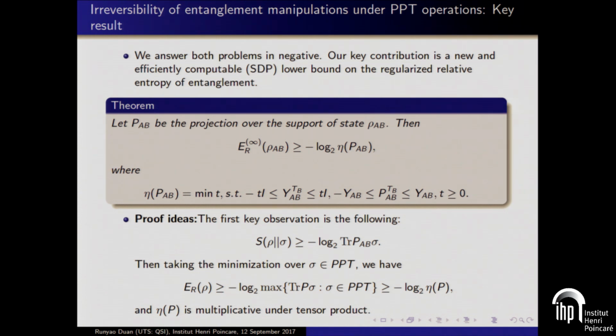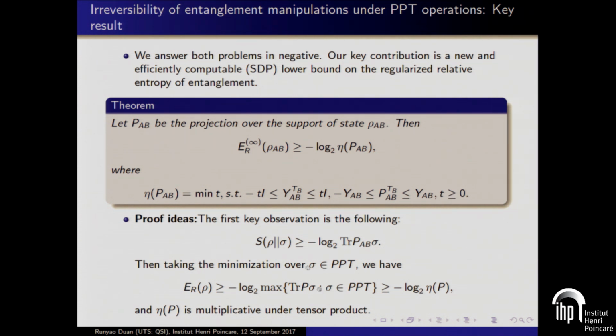Here we also use the duality of the SDP, but anyway, this is all very routine. We can relax this into this number. This number has many interesting properties which I cannot detail here. But one important property is that it's multiplicative. So people will ask why you always require this property to be multiplicative.